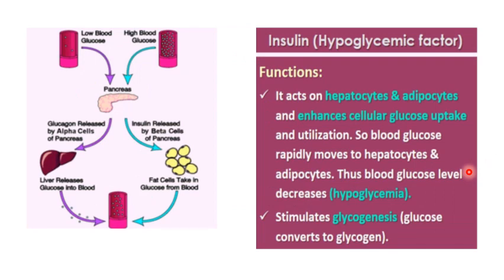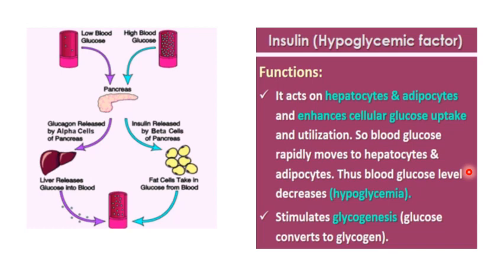Insulin is a hormone which acts in an opposite scenario. That is, it is a hypoglycemic factor. It will come in when the glucose level is very high. It acts on hepatocyte and adipocyte and enhances cellular glucose uptake and utilization.